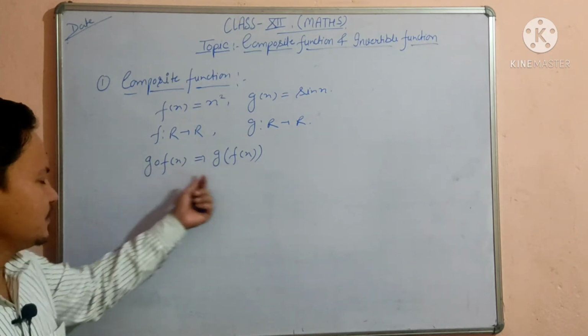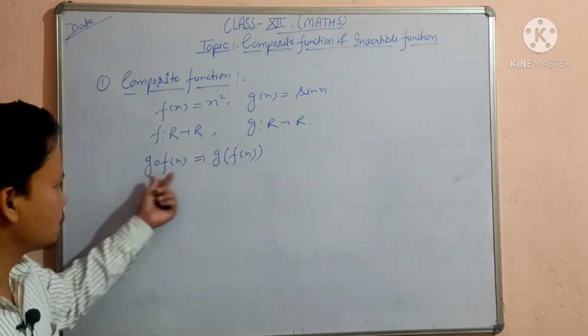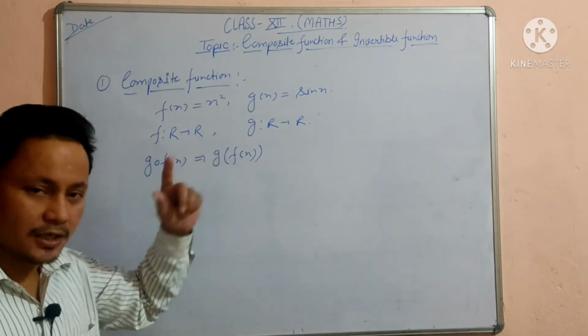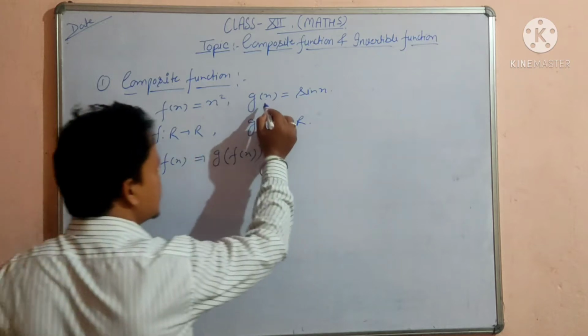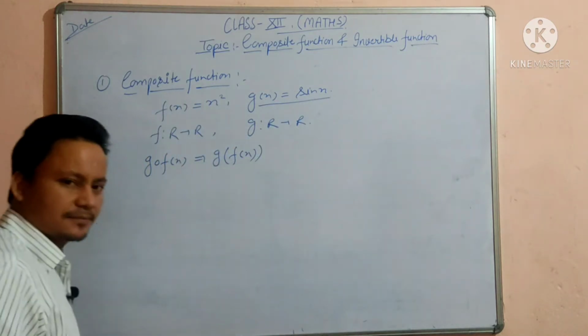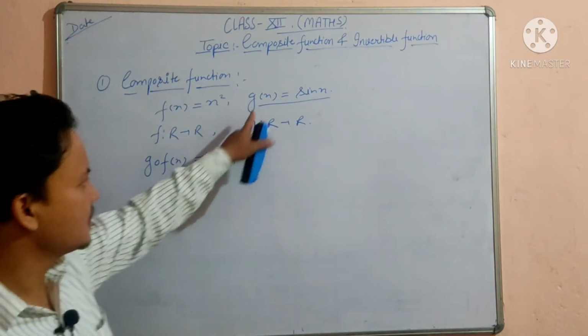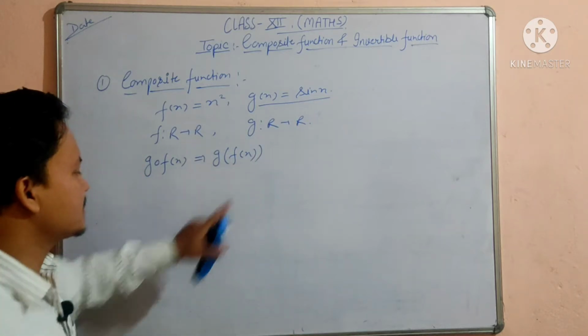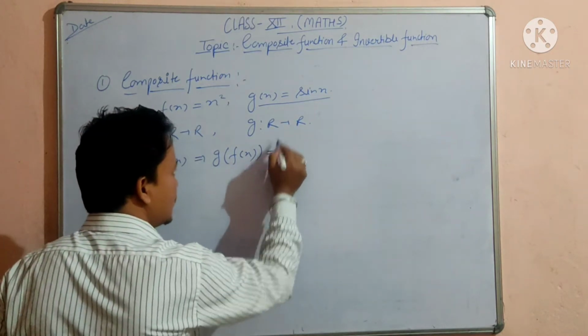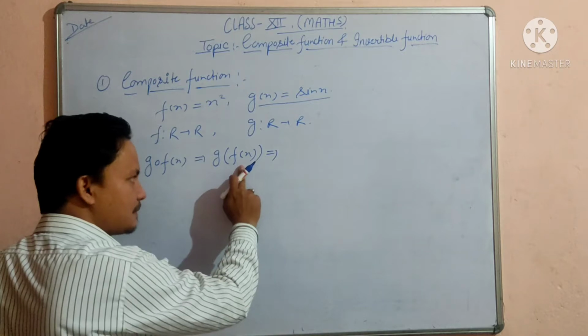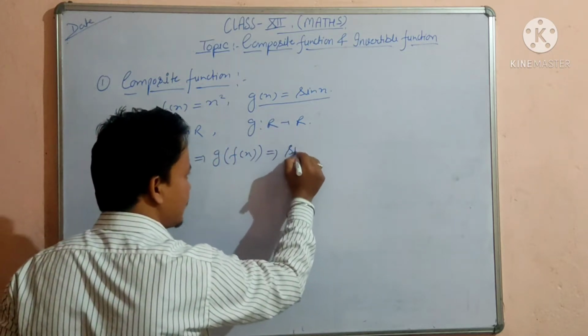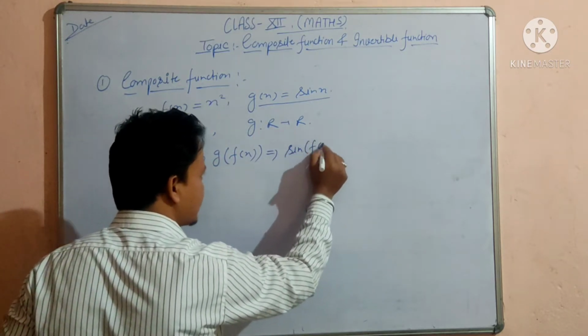This o can be replaced by the bracket, so gof(x) means g(f(x)). Since g(x) is given as sin x, what will be the value of g(f(x))? On substituting x with f(x), we get g(f(x)) equals sin f(x).